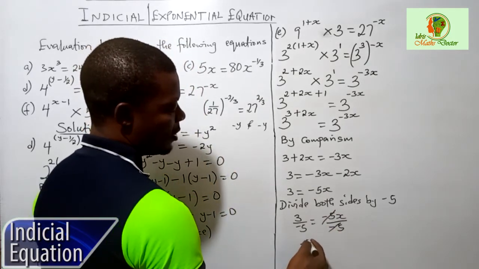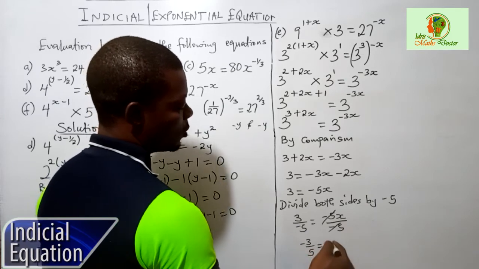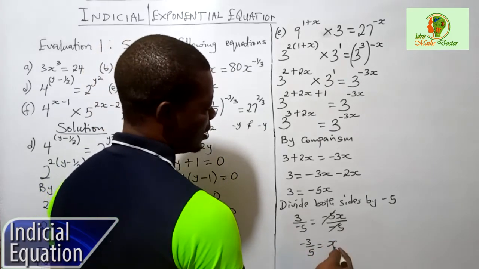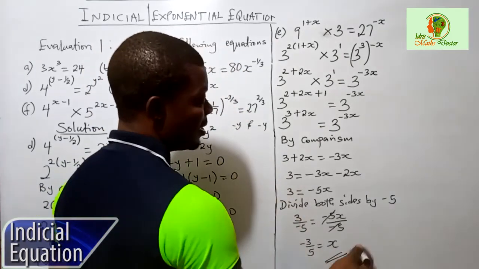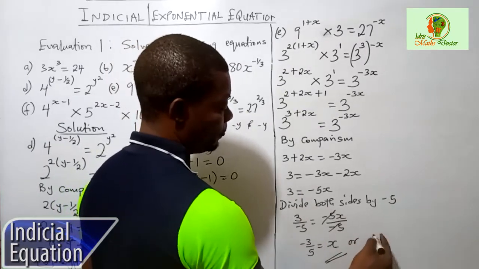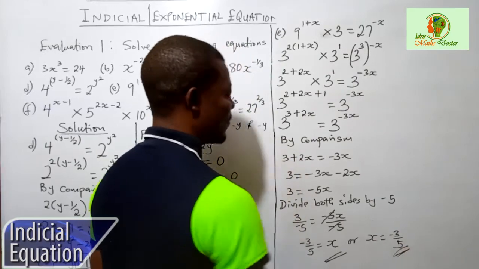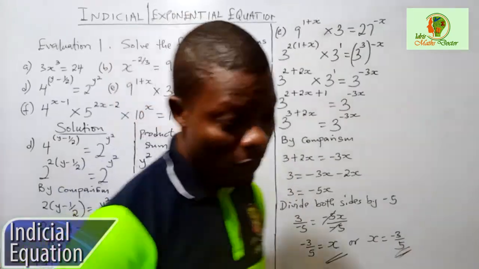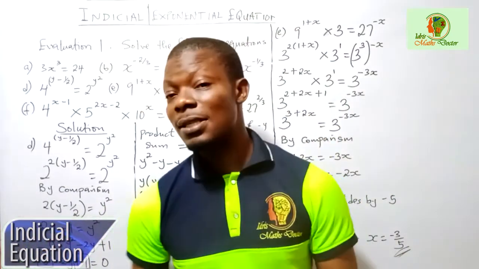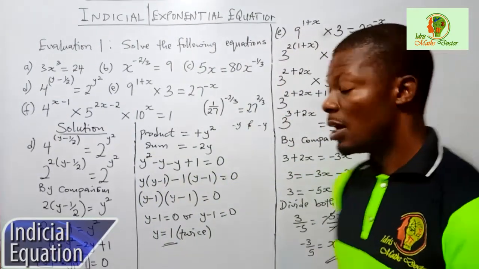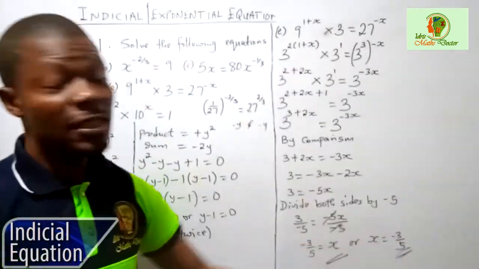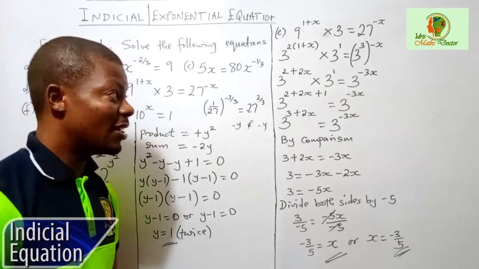So minus 3 over 5 equal to x. We can leave our answer in this way, or you rearrange it, x equal minus 3 over 5. It's still the same as saying x is the same as minus 3 over 5.